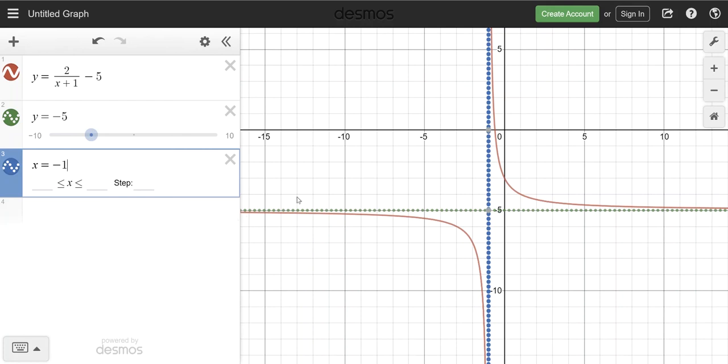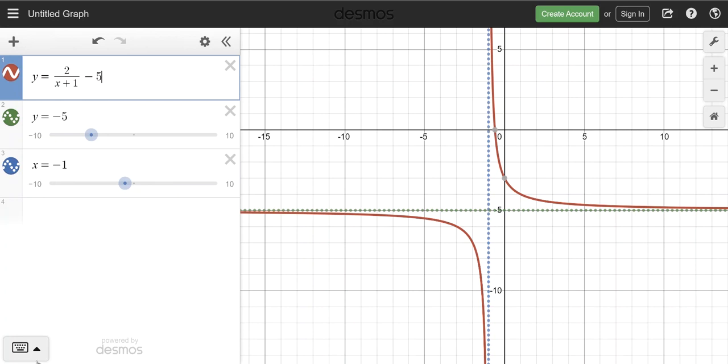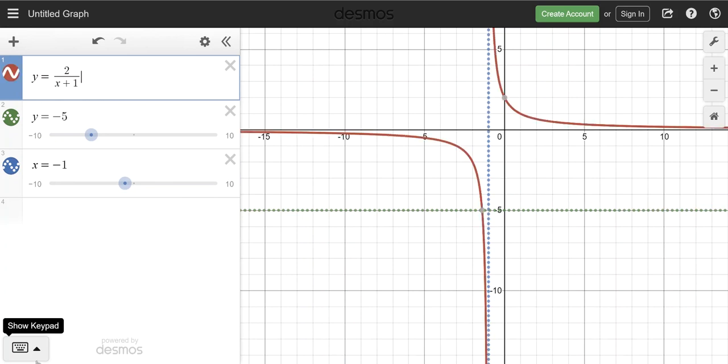If we go far to the left, we're coming up to this line, -5. And in fact, if I take away the subtract 5, you'll see then we're back up to the x-axis, back up to y equals 0.